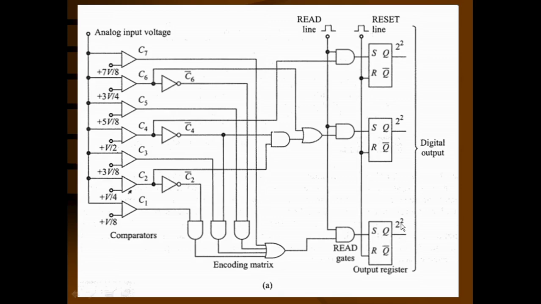This is not 2 raised to 1 twice; this is a misprint. The outputs of the flip-flops are 2 raised to 0, 2 raised to 1 and 2 raised to 2. This is the output LSB, and this is the output MSB. This is the 3-bit digital output that is obtained.